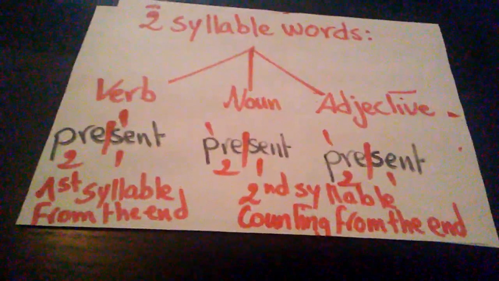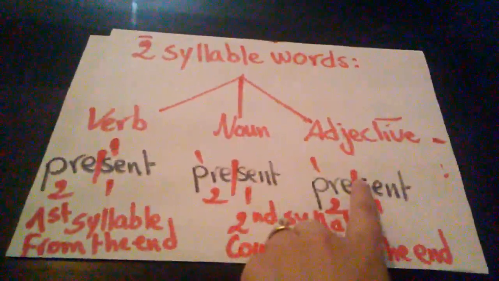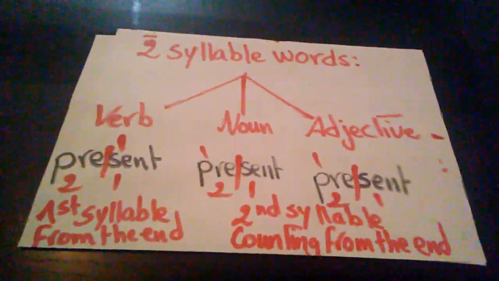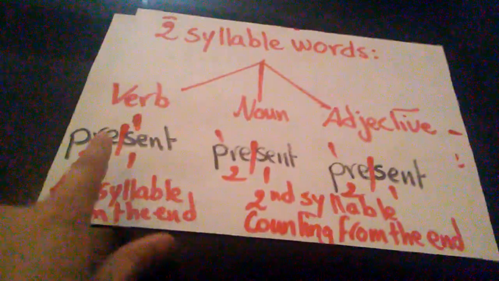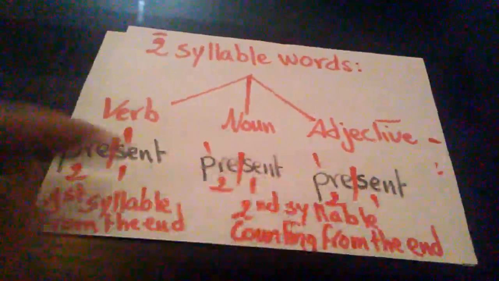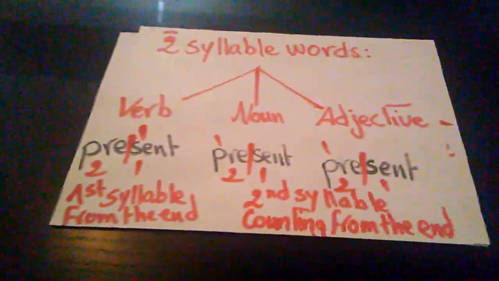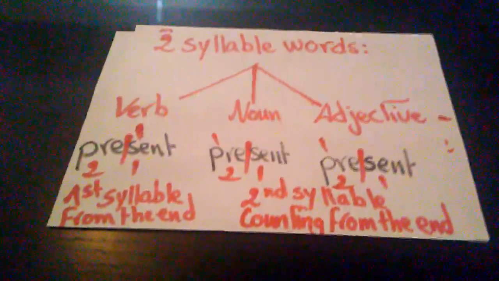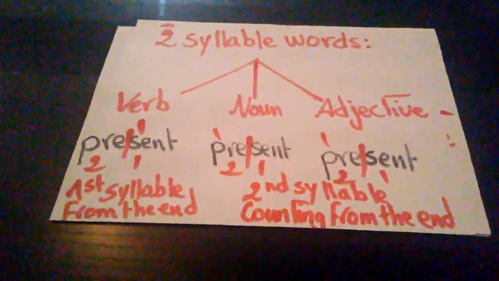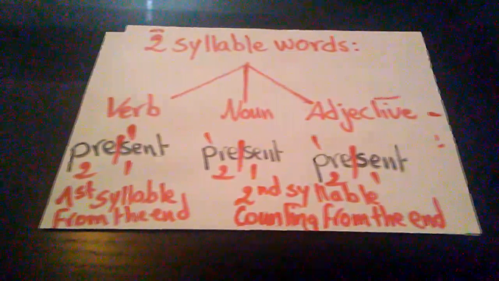Now, if you pay attention to the example, you will see that I have given you only one word as an example for a verb, a noun, and an adjective. I want you to see the power of stress in English. If you make a mistake in the stressed syllable, the meaning may change.